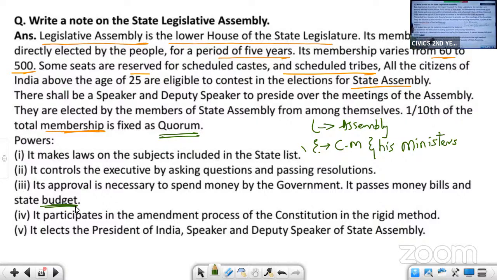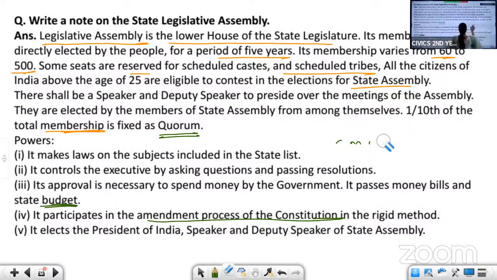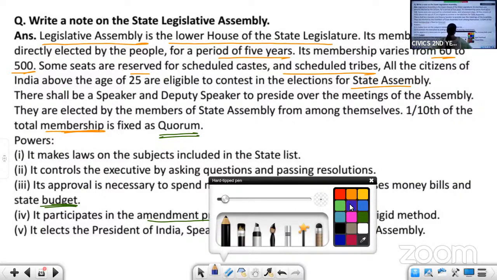Then it participates in the amendment process of the constitution. See, if the constitution is amended, we know to amend the constitution we have three methods. What are the three methods of amending the constitution?